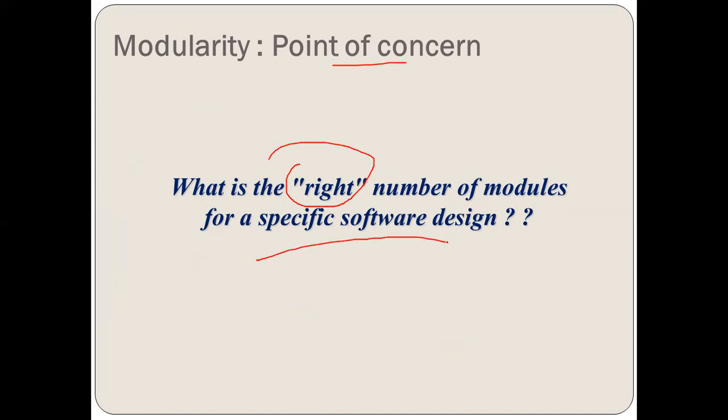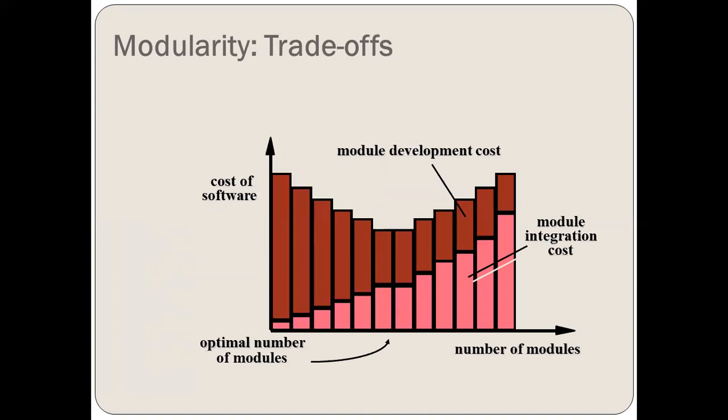How can this be assured and defined? What should be the right number of modules? This is necessary to understand, because if we exceed the number of modules, it will lead to higher cost, which will be included in the development.